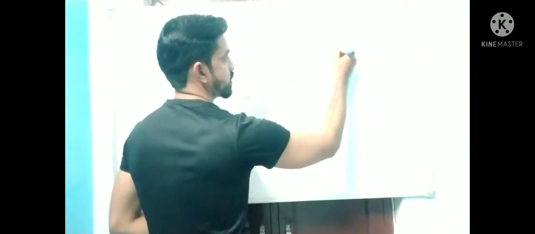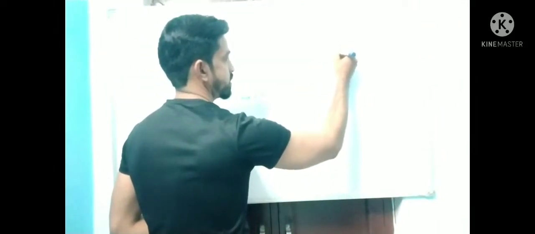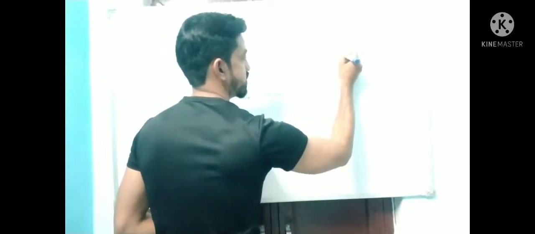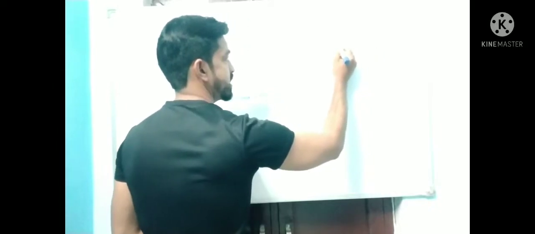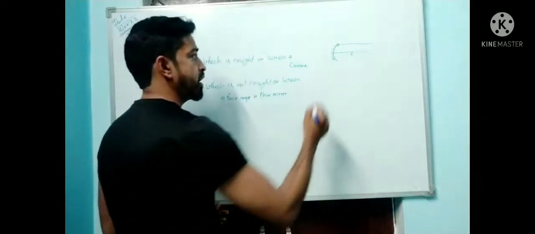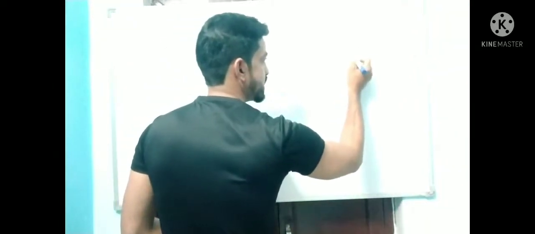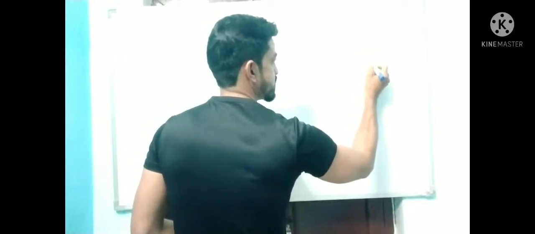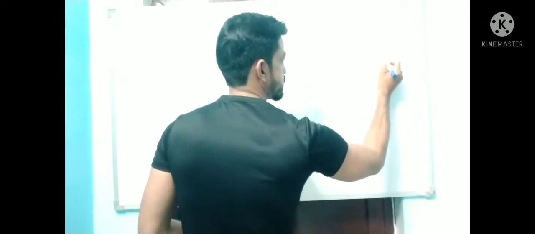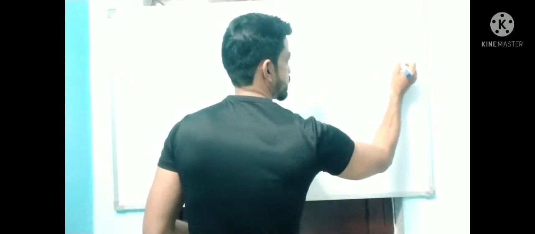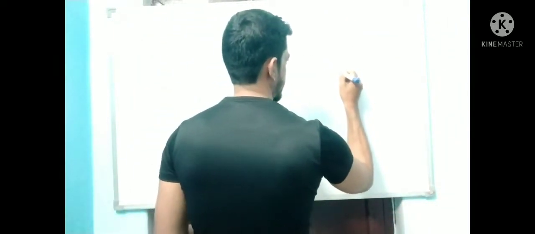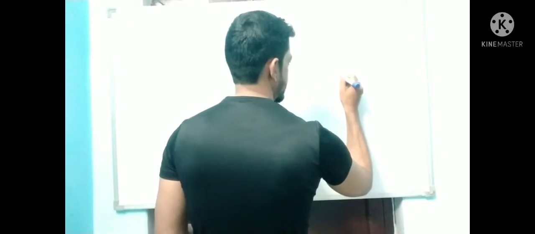Suppose this is the concave mirror, and this is the principal axis, center of curvature, focus, and if any light is incident on the surface, an image is formed on the same side of the mirror. It is called a real image.